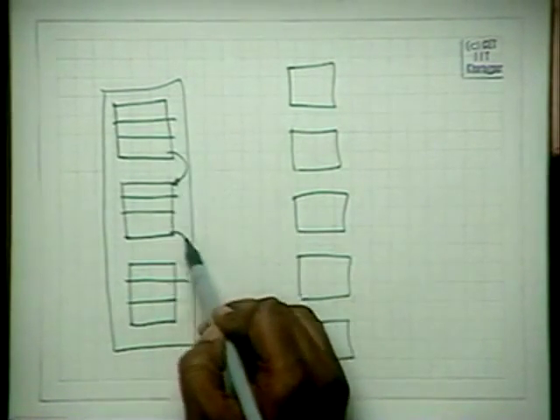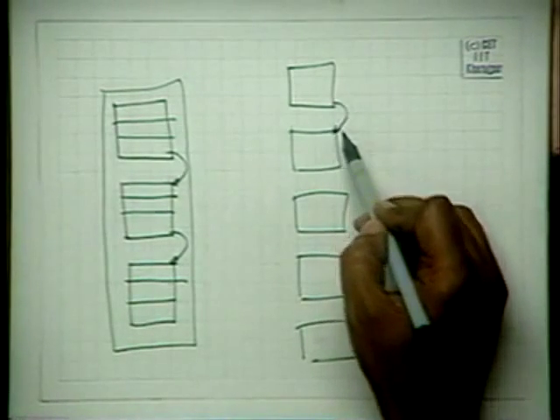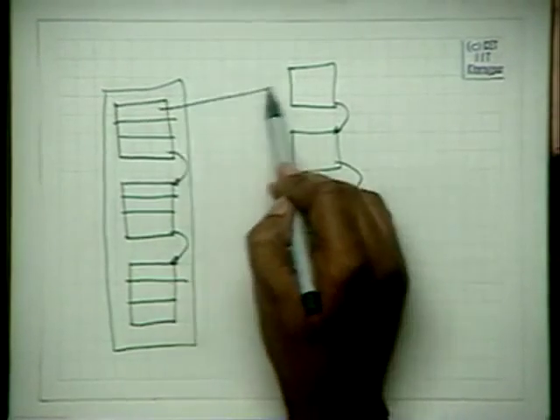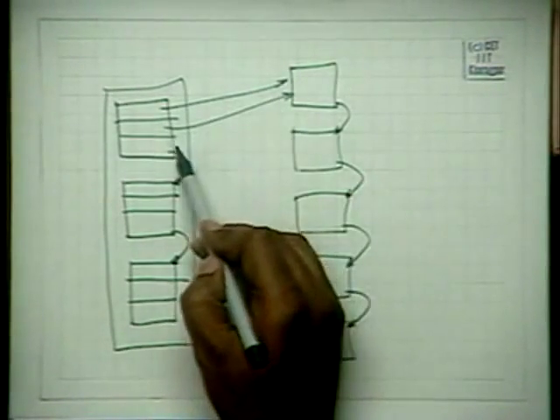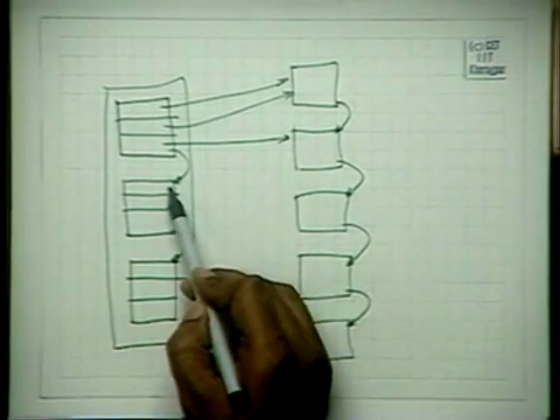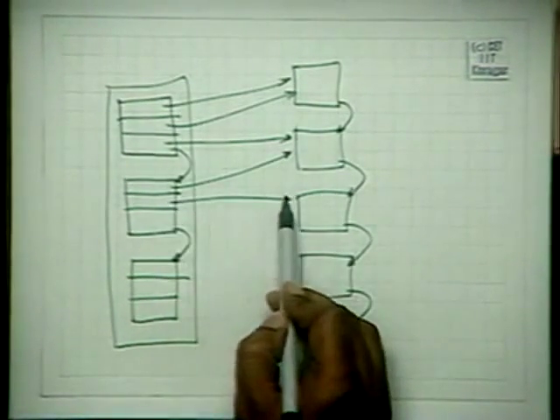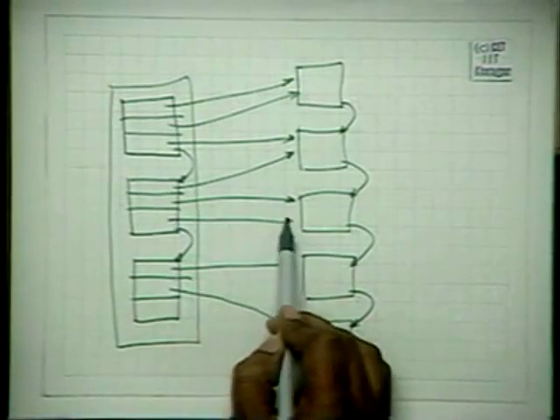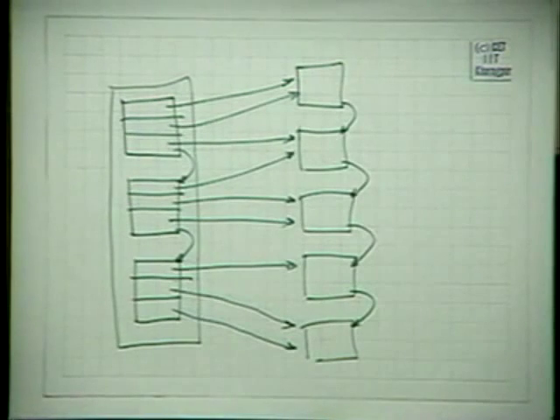This was the structure of the index file, and this is the structure of the sequential file. This points here, this points here, this points here, this points here. This is the way we may have organized it.